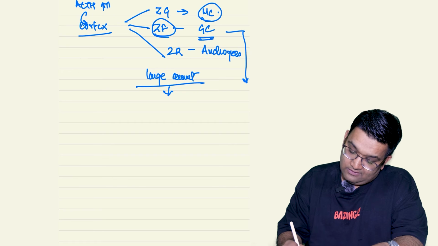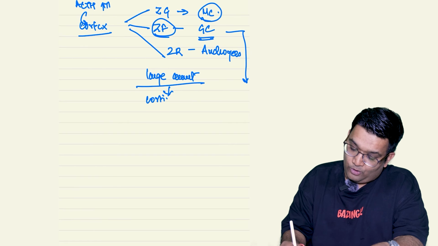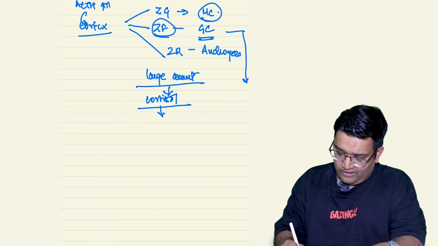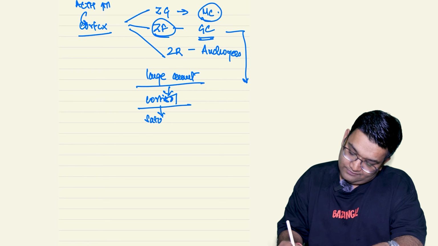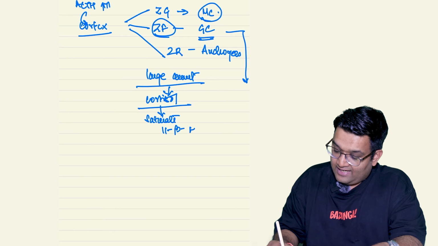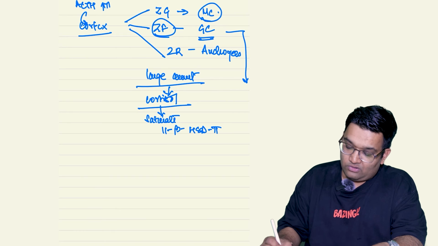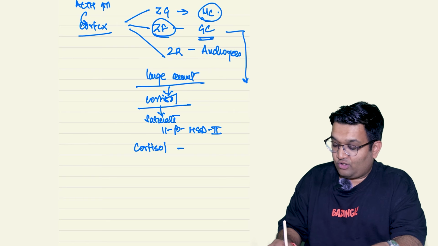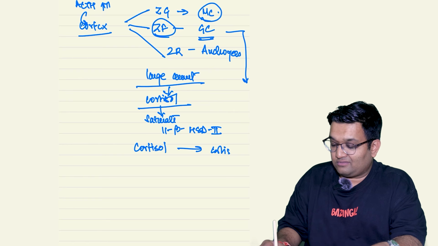This cortisol that is produced from the fasciculata layer will saturate an enzyme, 11 beta HSD type 2, which converts cortisol to cortisone.